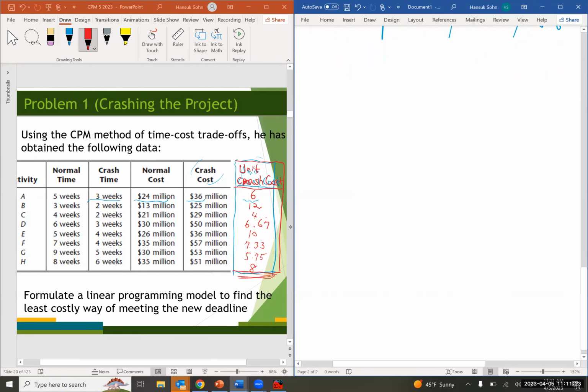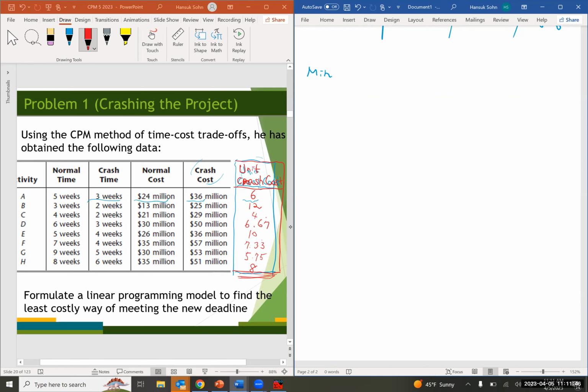So our objective function is to minimize the additional cost incurred in crashing the project, right?